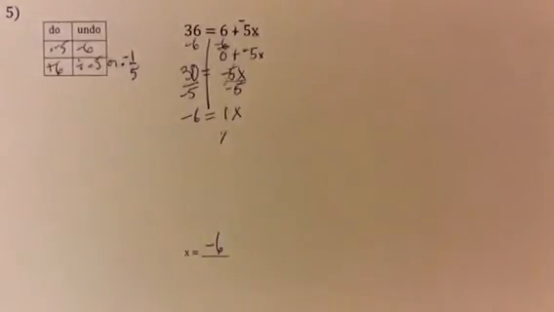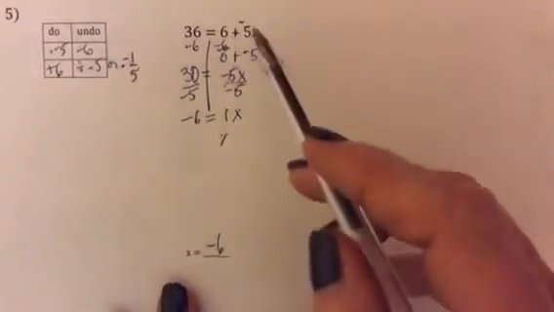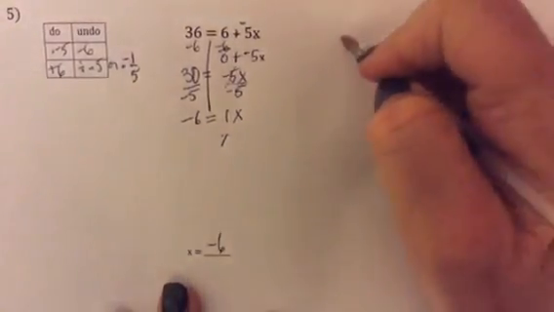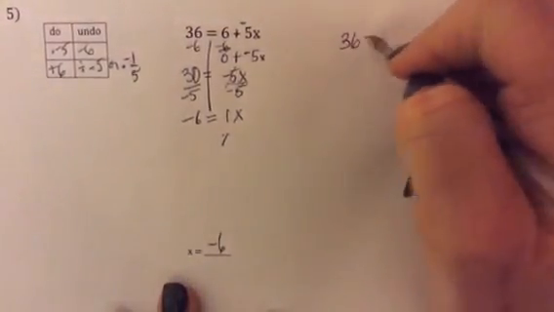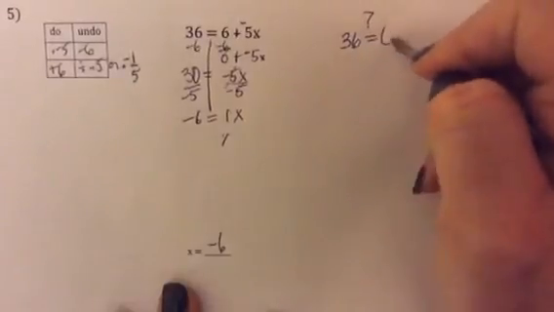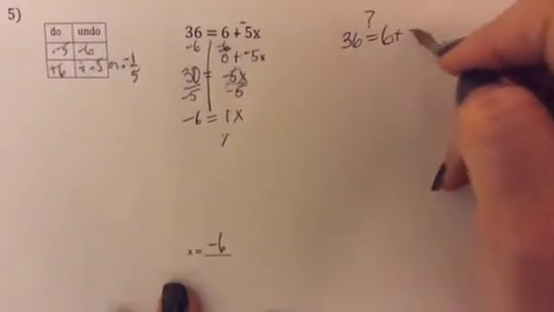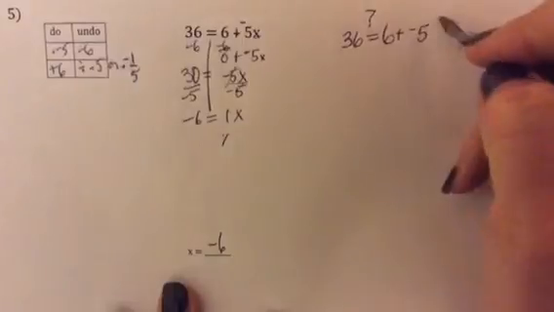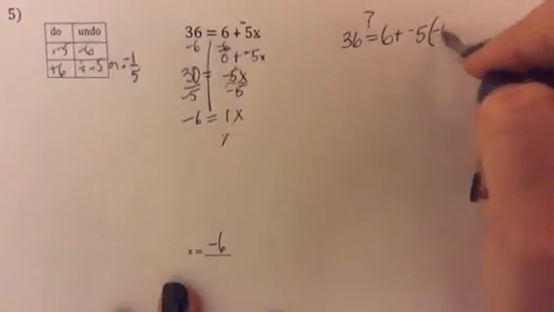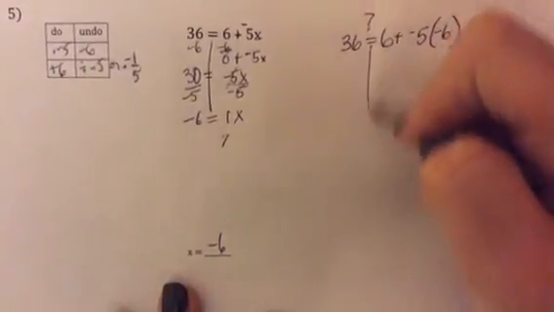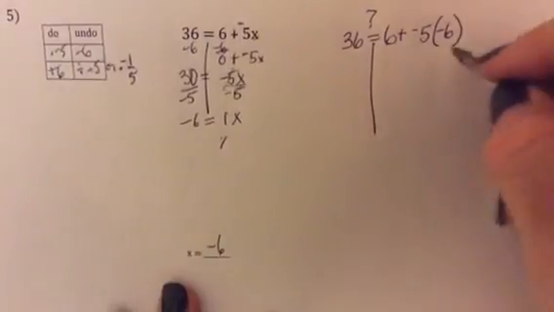So now I'm going to check it. To check it, I'm going to take this negative 6, substitute it in for x, and evaluate. So 36, is that equal to 6 plus negative 5x, and the x is negative 6?